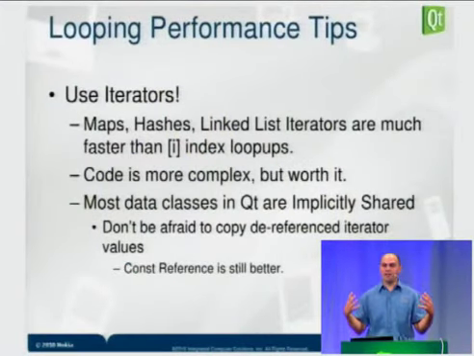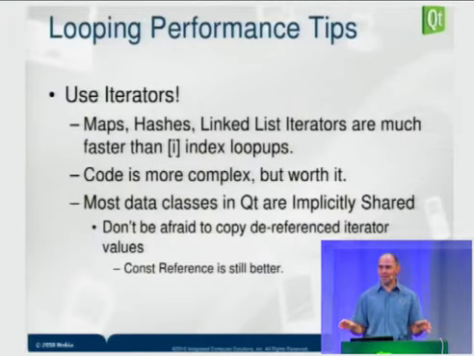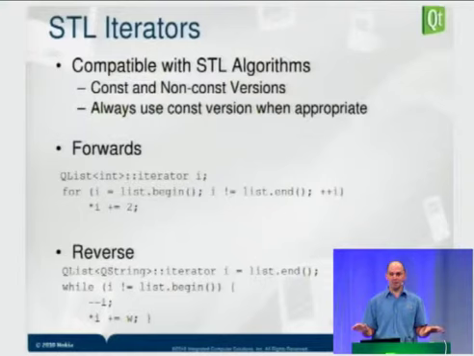Qt has their own container classes that are not part of the STL. Qt can actually be compiled entirely without STL support. However, the iterators that are used on those custom lists and hashes and maps are actually compatible with the STL iterators.